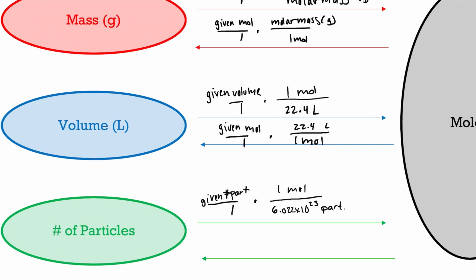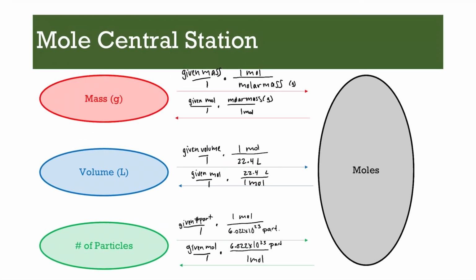If we are given moles, we are going to multiply by 6.022 times 10 to the 23 particles.